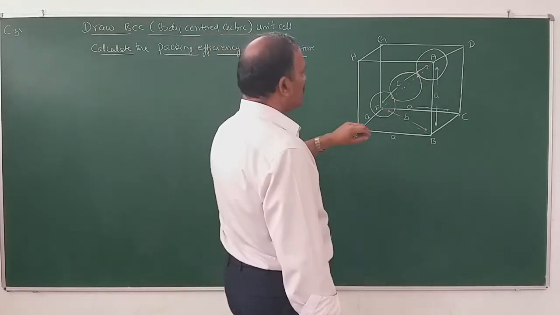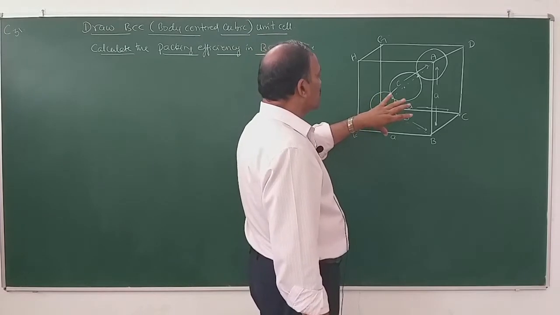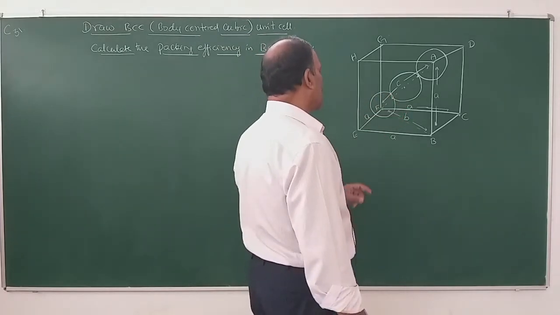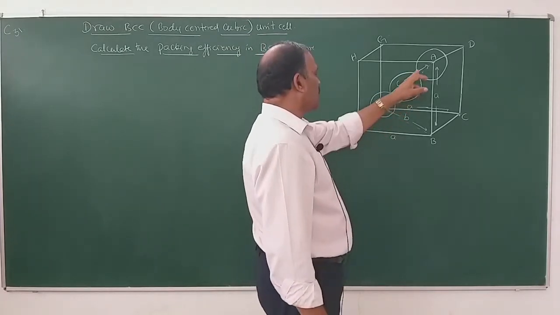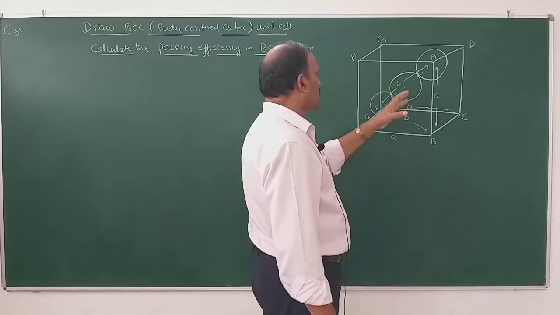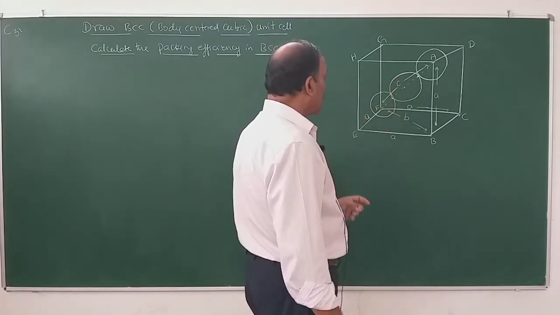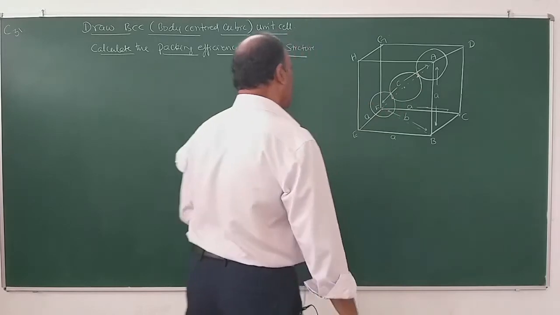So, this is the body centered cubic unit cell in which three particles are touching each other diagonally along the body.